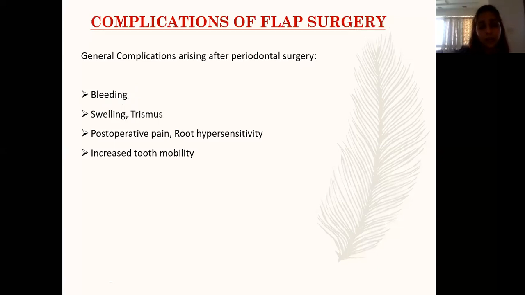Swelling along with a lot of pain. We then need to evaluate what would be the cause of such pain, because root hypersensitivity and post-operative pain is also a sequela of periodontal surgery. And when you have extension of this inflammatory process into the periodontal ligament, that is when increased tooth mobility could also be an immediate complication.